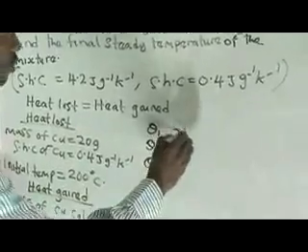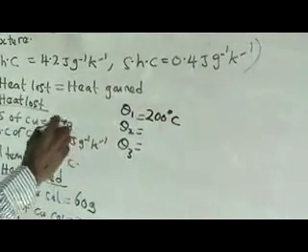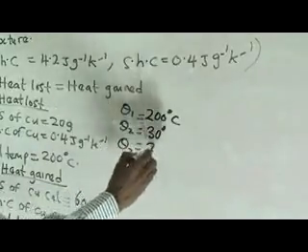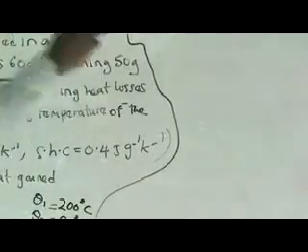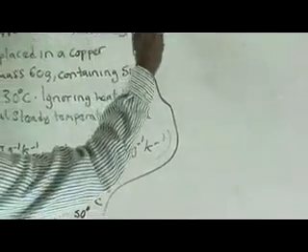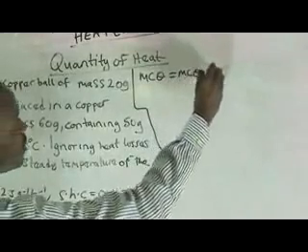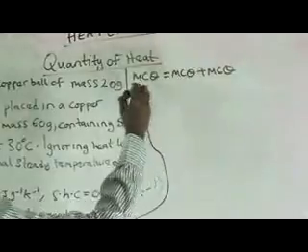So from this question, our theta 1 is 200 degrees Celsius. Our theta 2 is 30 degrees Celsius. Our theta 3 is what we are asked to find. So we come here: mcθ equal to mcθ plus mcθ, that is the heat loss equal to the heat gain.